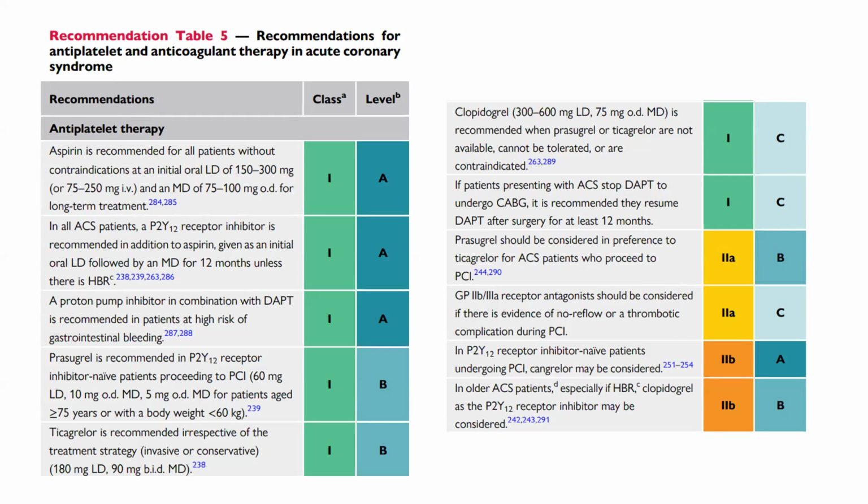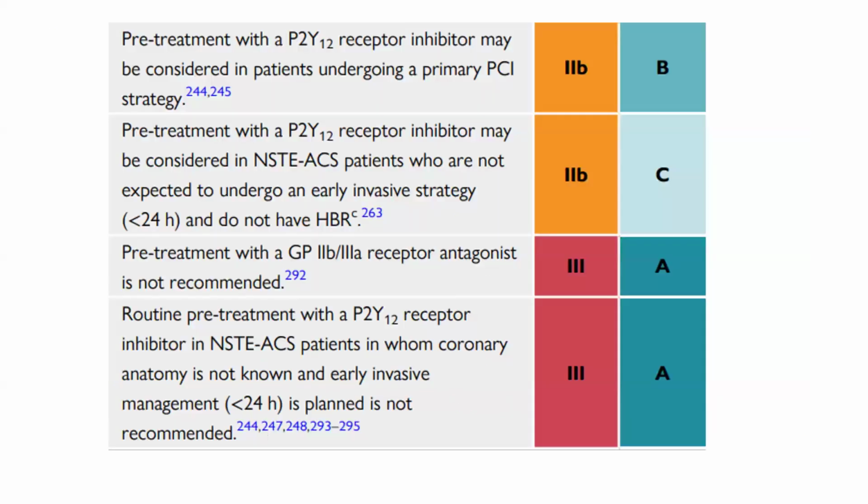They are like bailout medications. Then for P2Y12 inhibitor naive patients undergoing PCI, cangrelor may be considered, which is an IV P2Y12 inhibitor. In older ACS patients, especially those with high bleeding risk, clopidogrel as the P2Y12 inhibitor may be considered as it has the lowest bleeding risk.